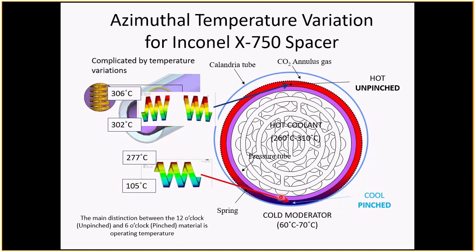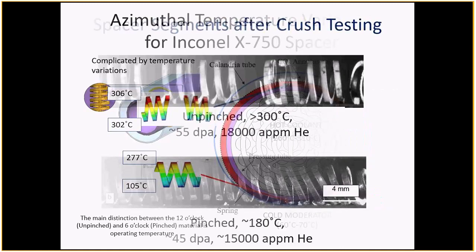Except at the bottom, we've got this. It's sandwiched between the pressure tube and the calandria tube, and the average temperature is somewhat lower. It's somewhere between this temperature and this temperature. So we typically say it's around 200 degrees C or 180 degrees centigrade. But of course, there's a temperature distribution. So you have to be careful when you're testing. What are we testing? Are we testing the hot bit or the cold bit?